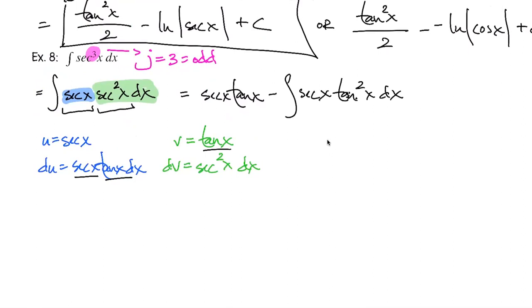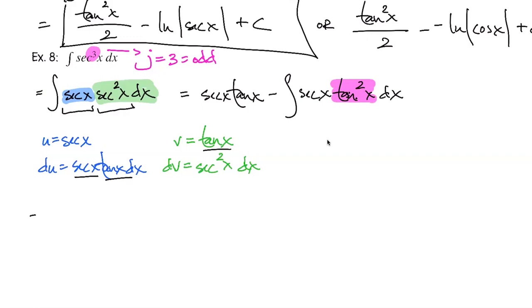So here's the beauty in what we've done. We still have to do a little bit more work, but what we did is create a situation where we got that tangent squared. And the tangent squared we can replace with secant squared minus 1.